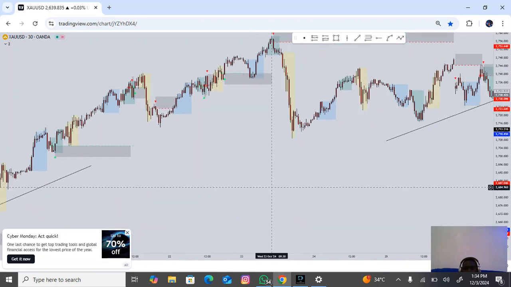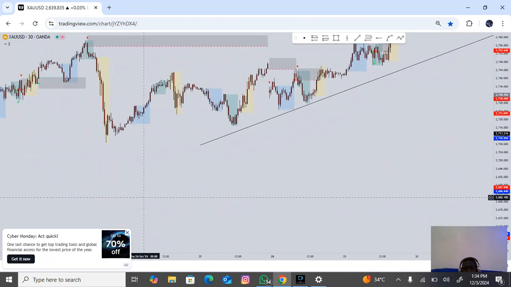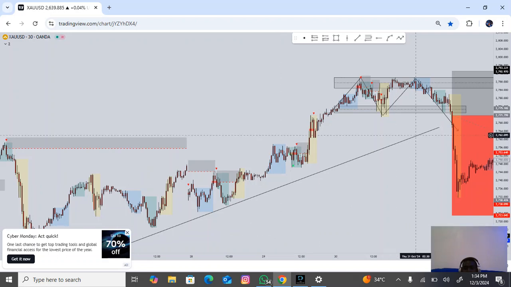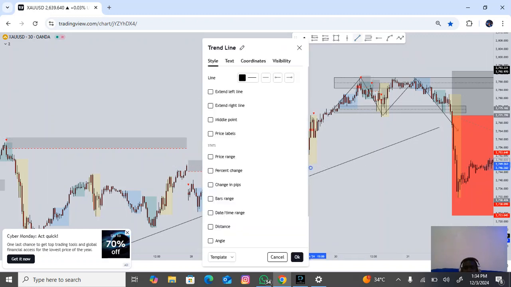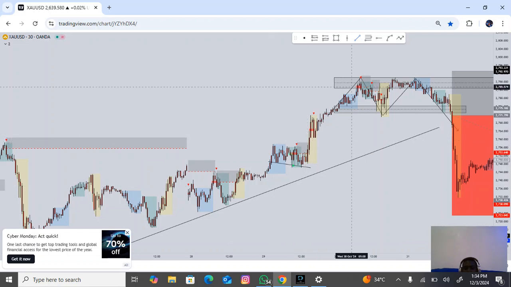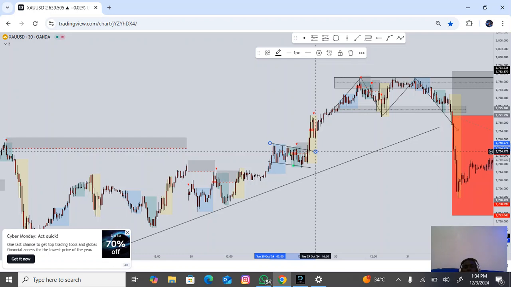It's also easy to spot them. This is a flag pattern. This is a flag pattern. Exactly. As you can see, this is a flag pattern.